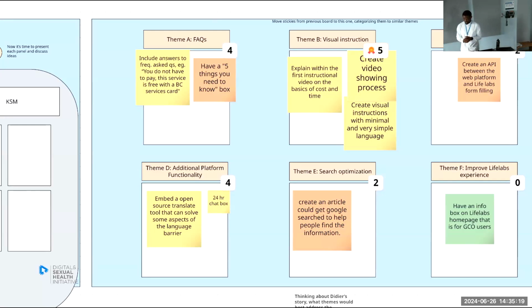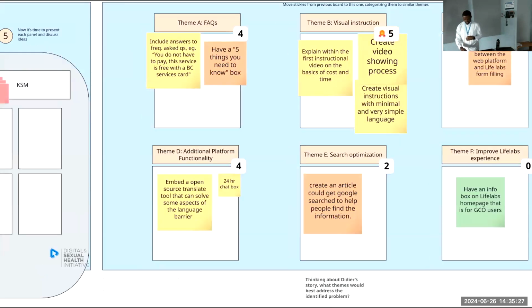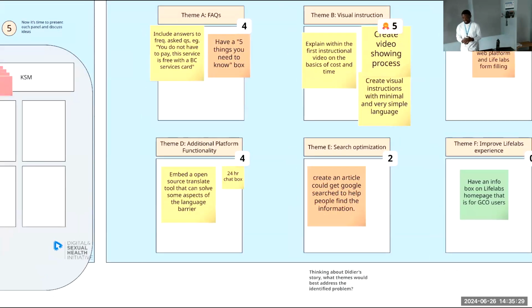There are backend solutions actually, so creating an API that links everything from Get Checked Online to the lab. And then there's additional platform functionality, so things like a 24-hour chatbot, which would be really cool, embedding a source translate tool that can help to solve some of the aspects around language barriers, and then search optimization online.